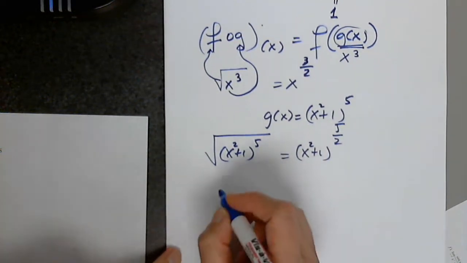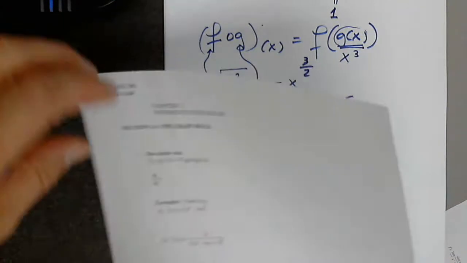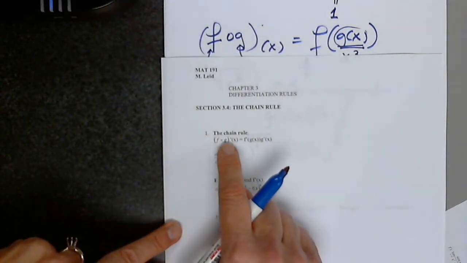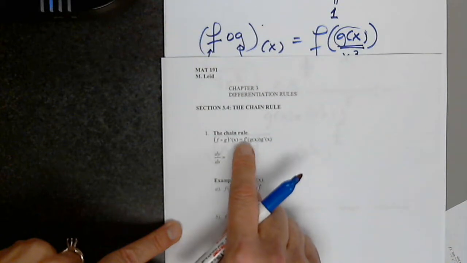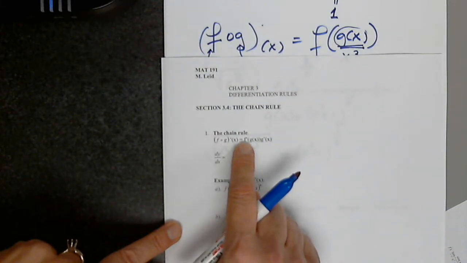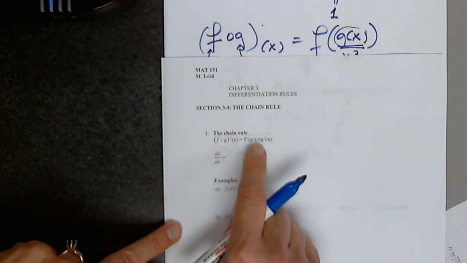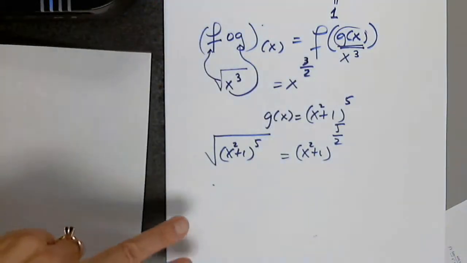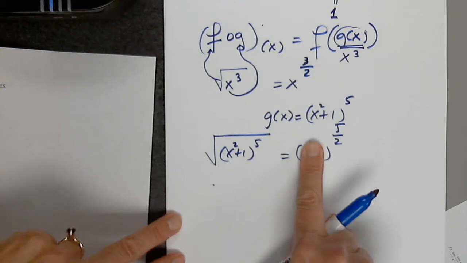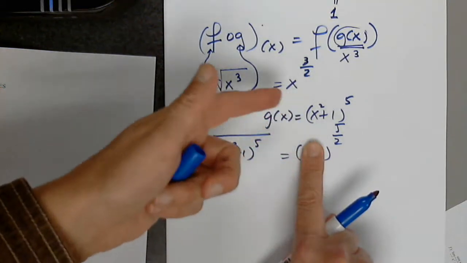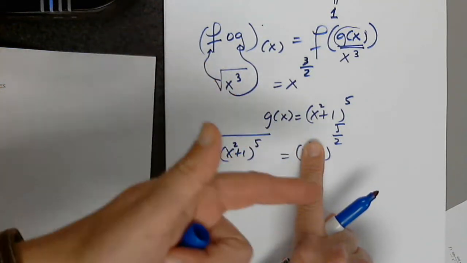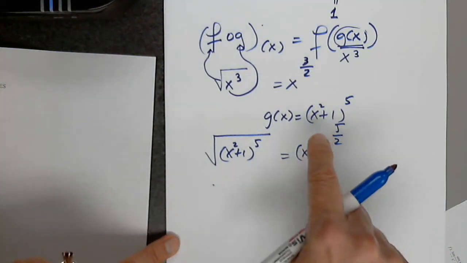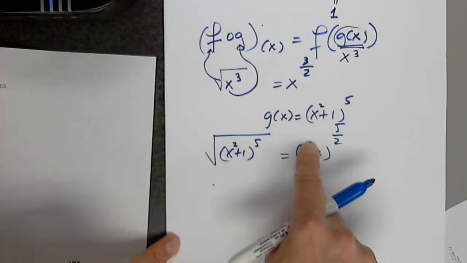So now when I differentiate, and I'm coming back to the handout that I gave you, I have to differentiate the outer function first, and then multiply by the inner function prime. So if this were just x, again, I would say 5 halves times x to 5 halves minus 1. But now I have to continue times the inner function prime.